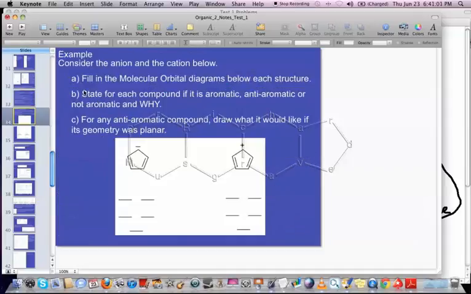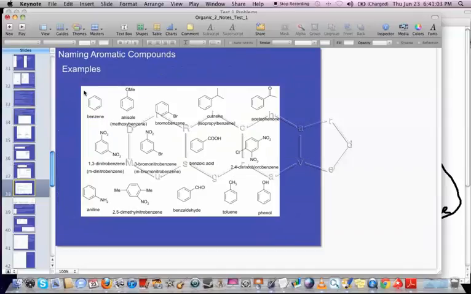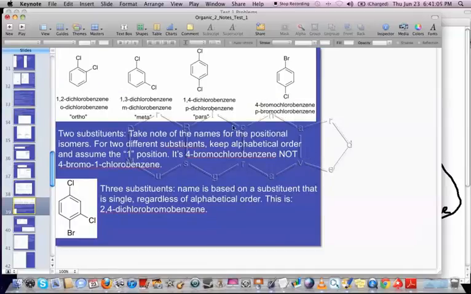Alright, so continuing on, let's say we've got two of the same substituent on the ring. Now you can't name this in accordance with ortho, meta, or para. Only things with two substituents can be named ortho, meta, or para. Once you get three on here, if you've got two of the same, then the one position will be taken by the one that is single.